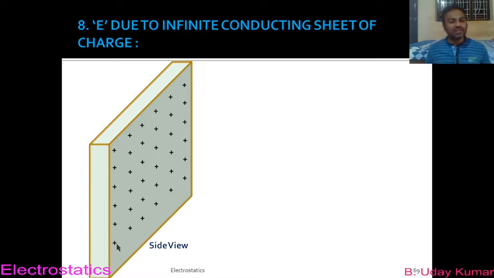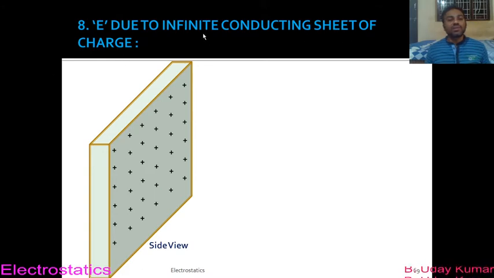That's a normal definition. So on that conducting sheet the charge will be uniformly distributed.